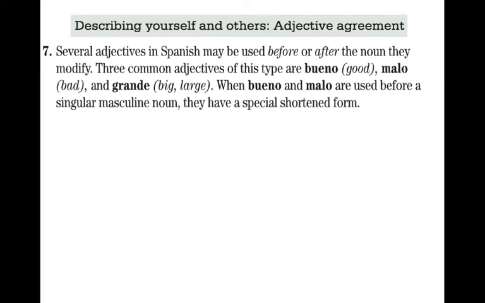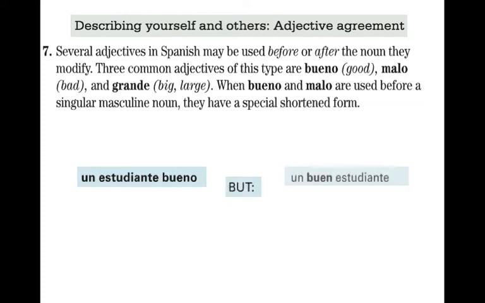Let's take a look. Repitan. Un estudiante bueno. A good student, masculine. But un buen estudiante. So we have a student who's good or a good student can be used in front.